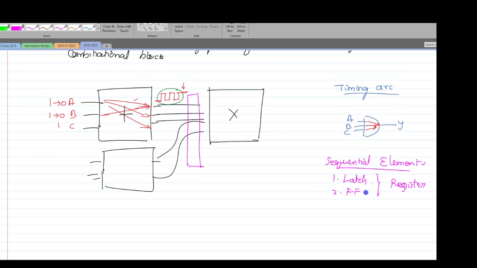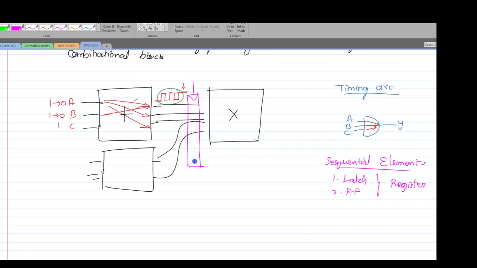Now, just by introducing registers between these combo logic blocks, one could filter out these glitches. You might wonder how exactly this could happen. Let us assume a flip-flop, a positive edge triggered flip-flop. We know that these flip-flops read in the data only during the rising edge of the clock.